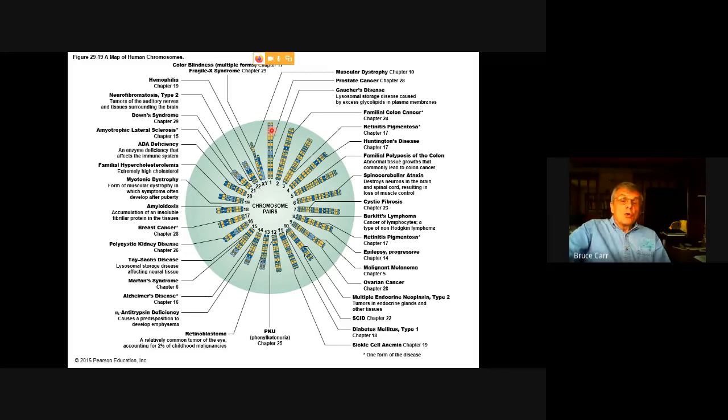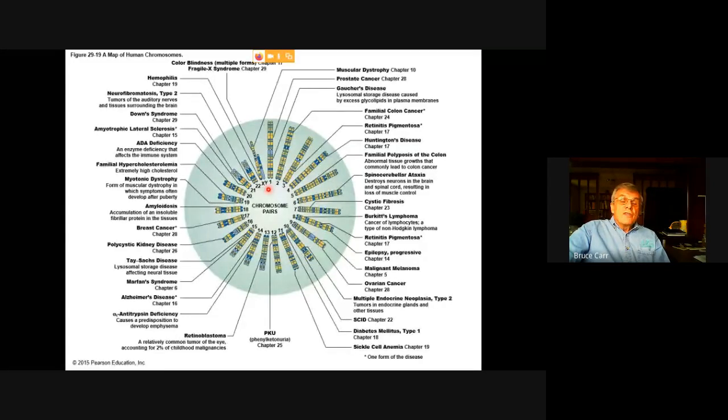Here we've arranged them in order based on size, 1 through 22, and X and Y, along with the chromosome bands that were developed in karyotyping to indicate the major regions of the chromosome.